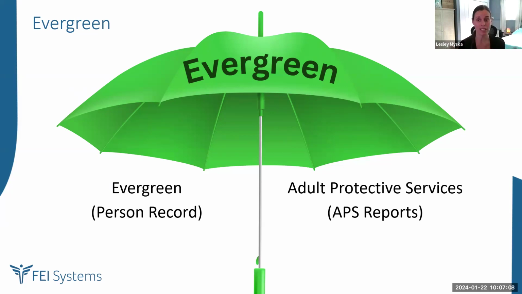And it's important to understand this distinction because the Evergreen person record itself, where we capture all the demographics, where we upload attachments, where we see diagnoses and things like that, that is a shared record. So both APS users, public guardianship conservatorships, and assigned case managers access the same person record, have access to view most of the same person record data.